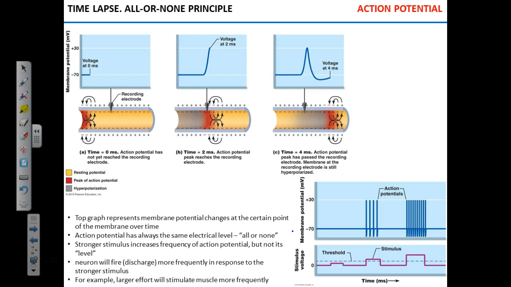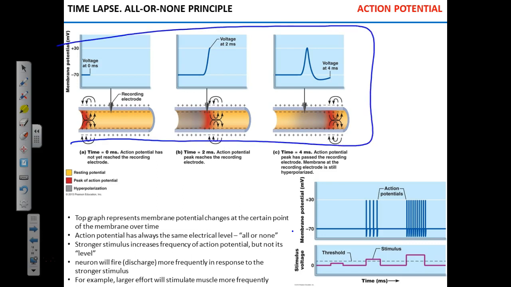Now this picture shows you what we are looking at. First of all, this is the electrode inserted in the axon. You can do that. You can take a tiny glass electrode and stick it into an individual cell, under the microscope of course.